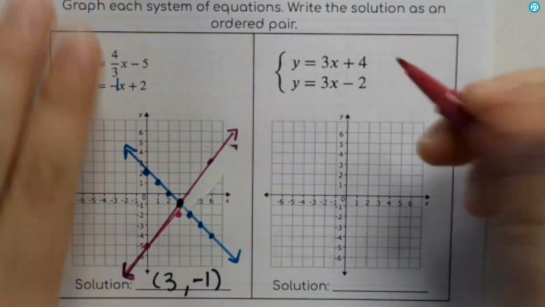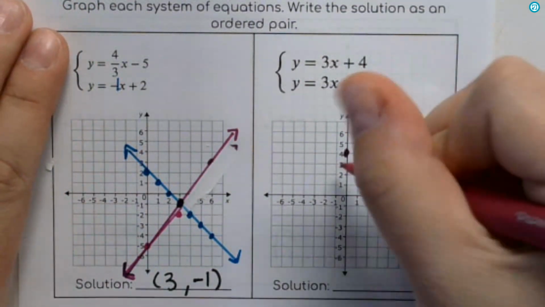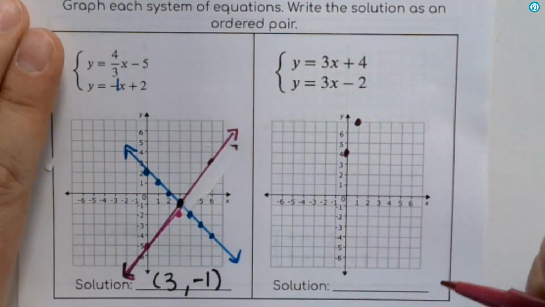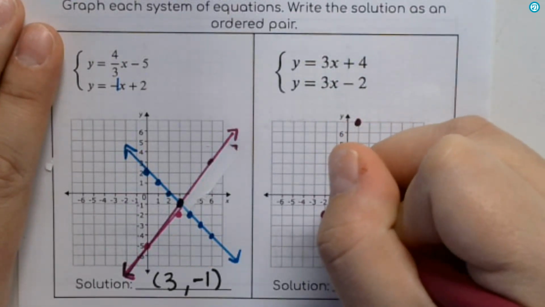So I've got 3x plus 4. I'm going to start at 4. Graph a slope of 3/1. So I go up 3, right 1. I can also go down 3, left 1 a couple times.